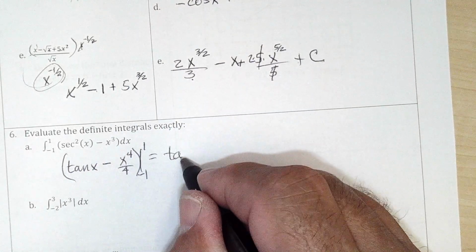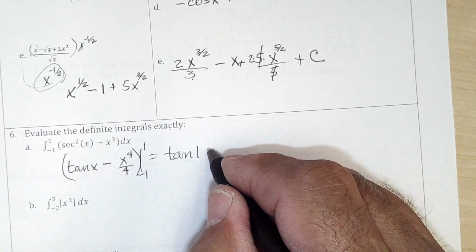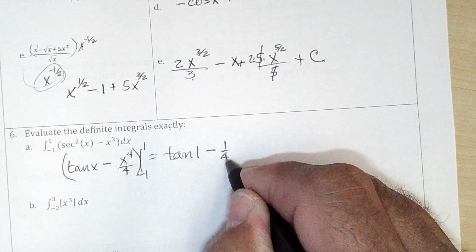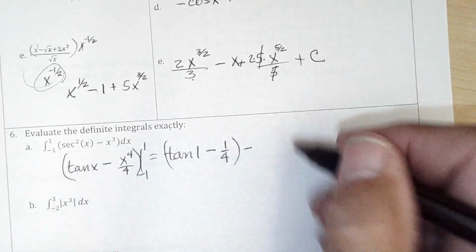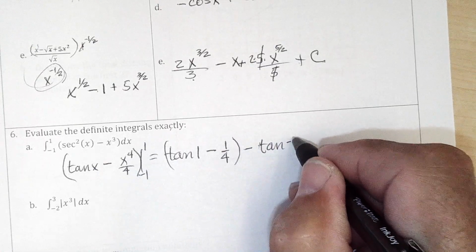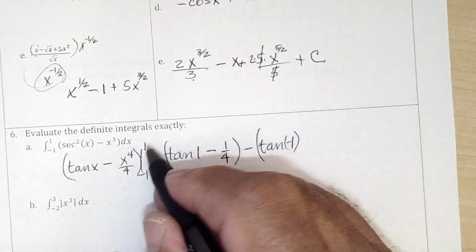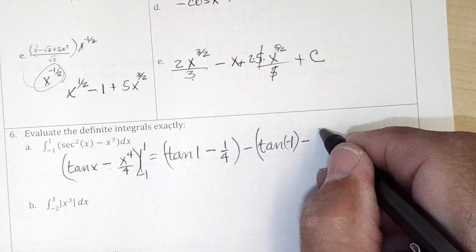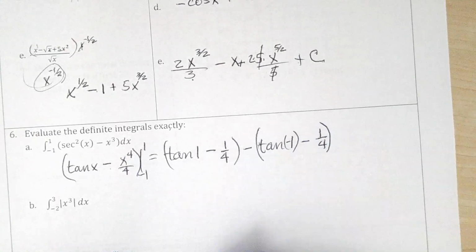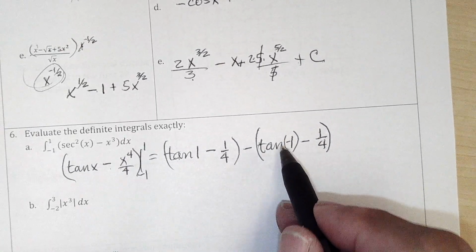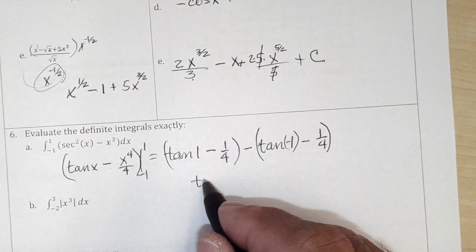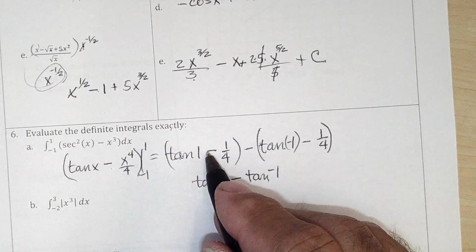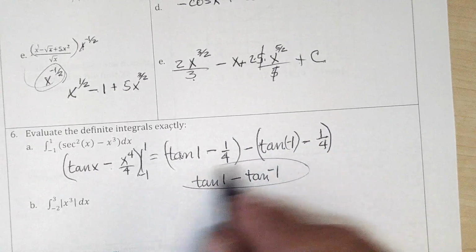So we get tangent of 1 minus, putting 1 in there, 1/4, minus tangent of -1, and -1 to the 4th, we got minus 1 to the 4th is 1/4. So we got tangent of 1 minus tangent of -1, and minus 1/4 plus 1/4 cancel out.